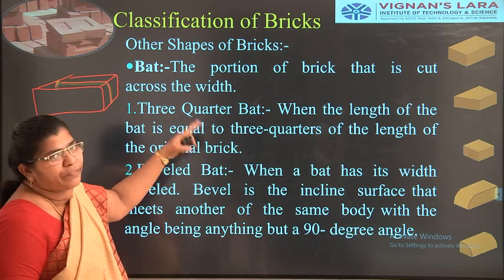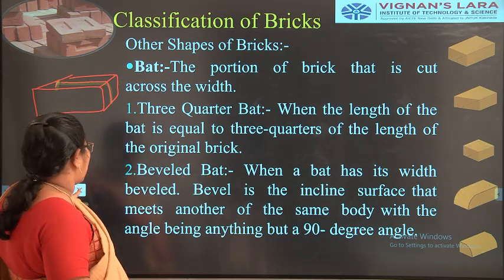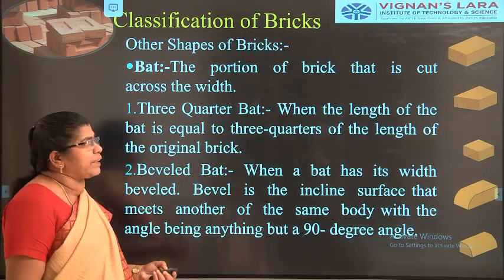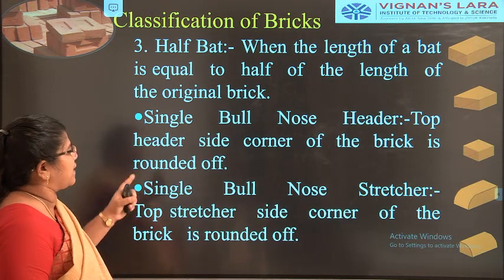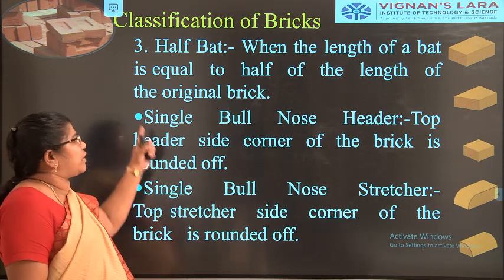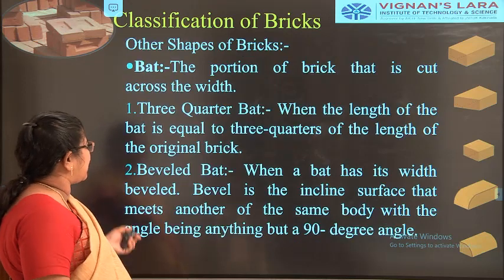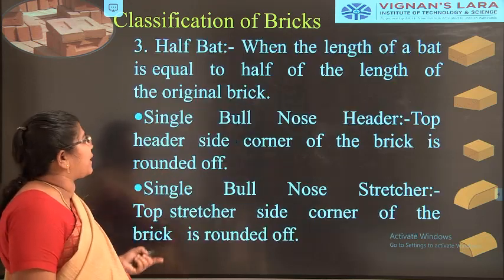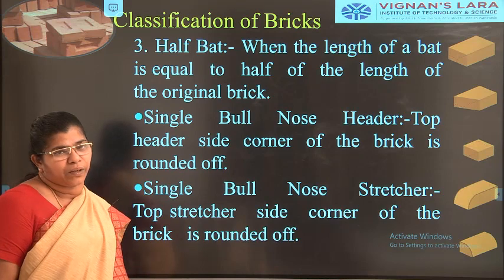So we have different types of bat. One is the 3/4 bat, the beveled bat, and the half bat, then the single bull nose header and single bull nose stretcher. So these three, the 3/4 bat, beveled bat and half bat, are the different types of bat we have.